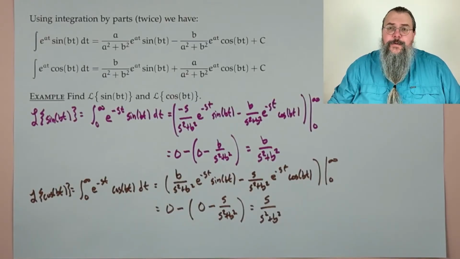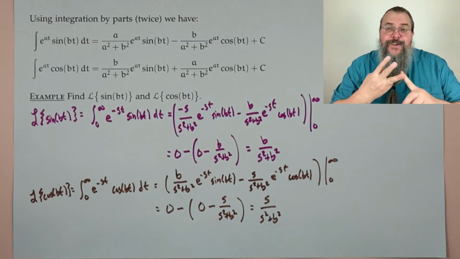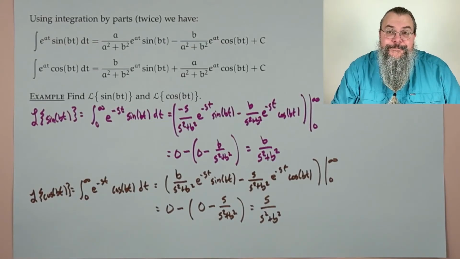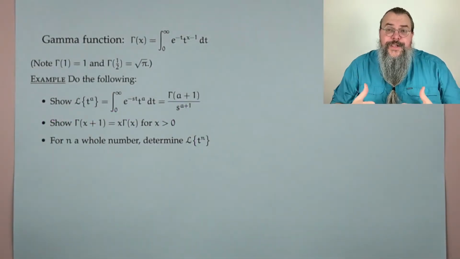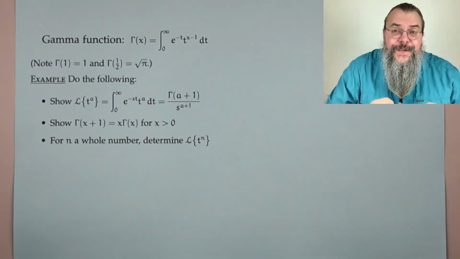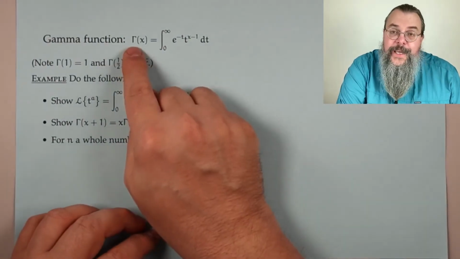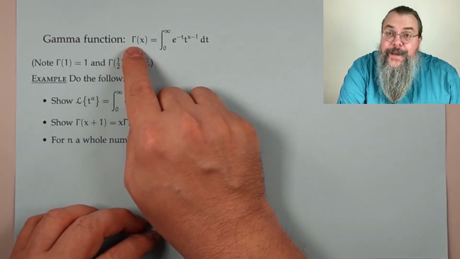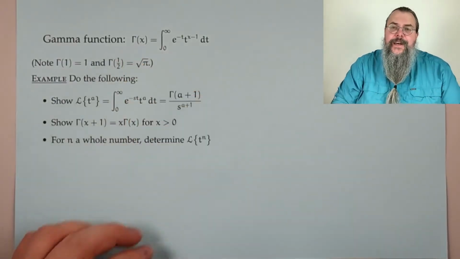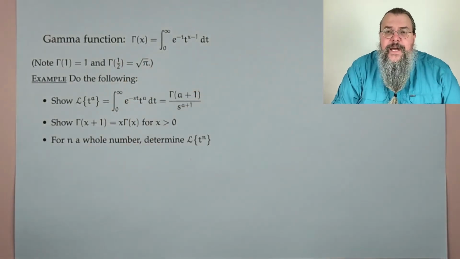All right, so where are we at? We've done exponential, sine, cosine, powers of t. Let's talk about that one. So it turns out that there's this really interesting function called the gamma function. It's denoted with a gamma, the Greek letter, capital gamma, and it's frequently used in mathematics.